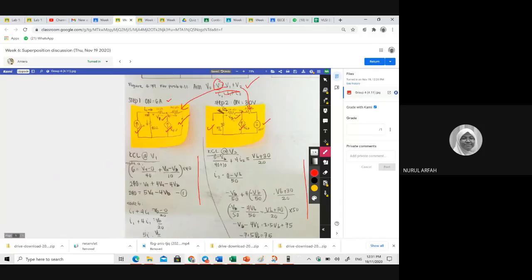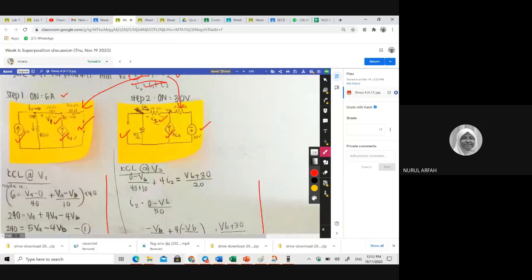And then this one, our group number 4, do you apply mesh analysis or what? Mesh analysis or nodal analysis here? Nodal. Okay, nodal is supposed to have what? The first thing first. You're going to set what?